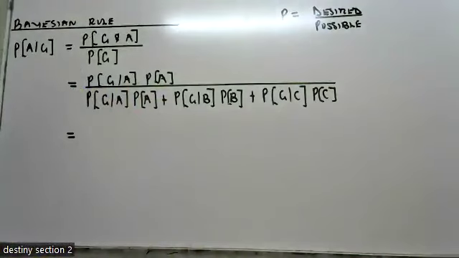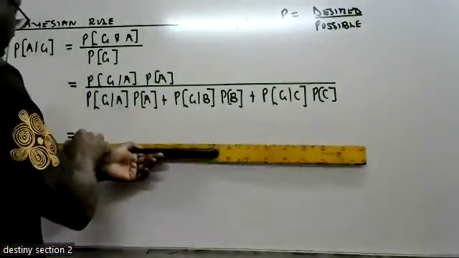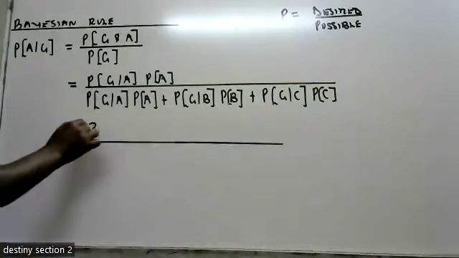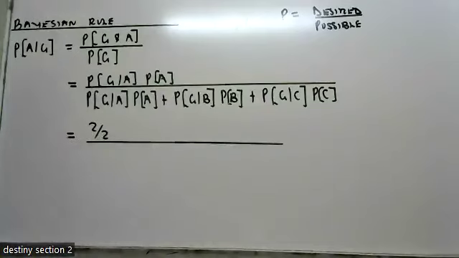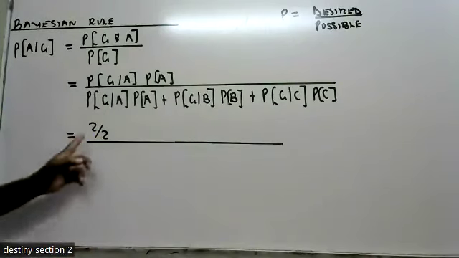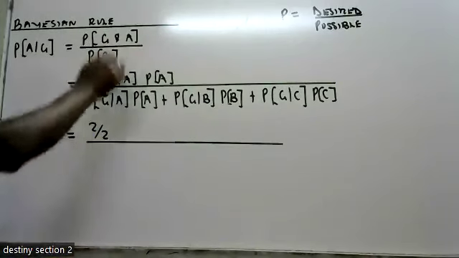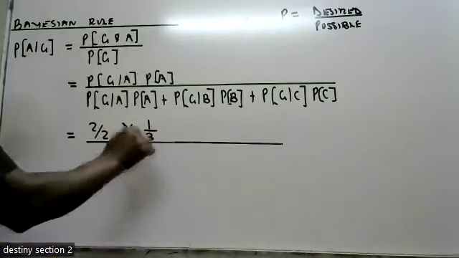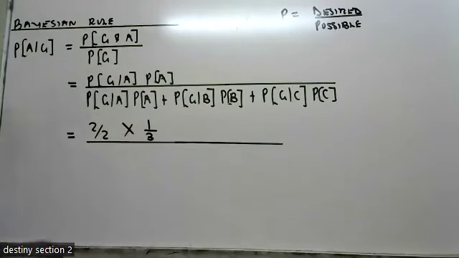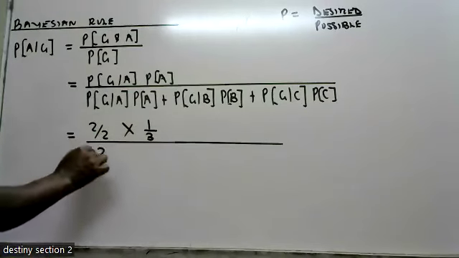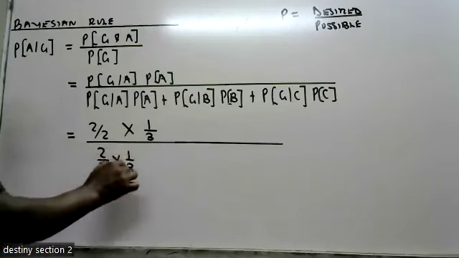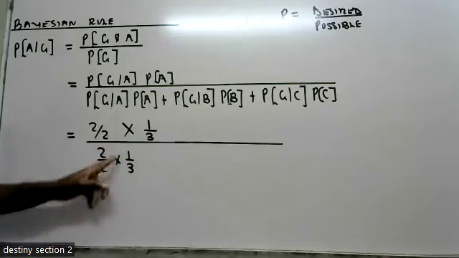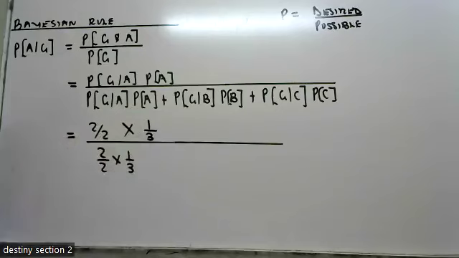So in this question, we are looking for gold in A. And we know that there are 2 gold coins in bag A. So the probability of getting a gold in A is 2 out of 2. And the probability of getting A is 1 out of 3 because there are 3 bags. This one will be 2 out of 2 times that. Now that is the probability of getting a gold coin in A, and the probability of getting bag A.